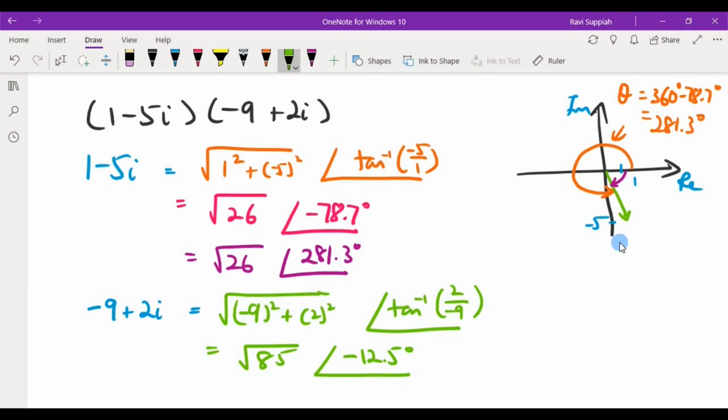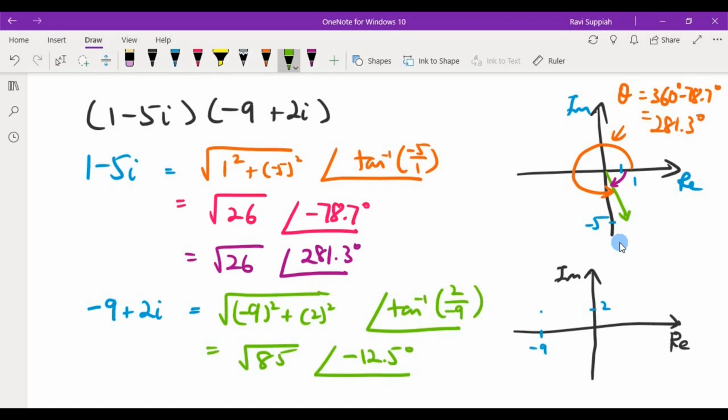Okay, now negative 12.5 degrees, where is that? So we must again do the same process of drawing out your complex plane and looking at this number minus 9 plus 2i. So it will be here minus 9 and plus 2 is here. So this is the point.